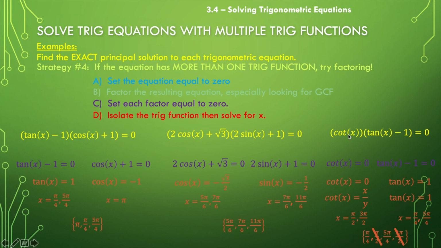So for example, I know that the cotangent of x is undefined where y is equal to 0, in other words, at 0 and pi. I know that the tangent of x is undefined where x equals 0, so that's going to be at pi over 2 and 3 pi over 2. If any of those values show up in my solution set, I can just eliminate them. And that may be an easier way to think about those restrictions.